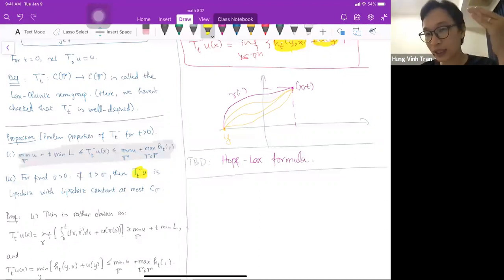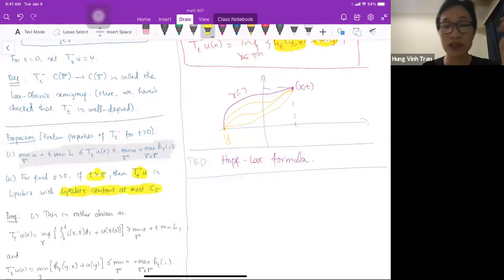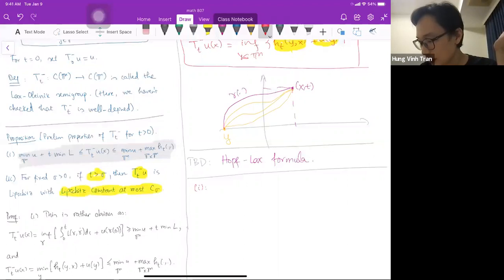You go from a continuous function right away to a Lipschitz function. And furthermore, for all times t greater than sigma, your semigroup is Lipschitz with constant at most C sigma. And you can see clearly here, to prove this property, we're going to use exactly this. So I would say that the first one is quite straightforward. We're going to prove it anyway. Straightforward.